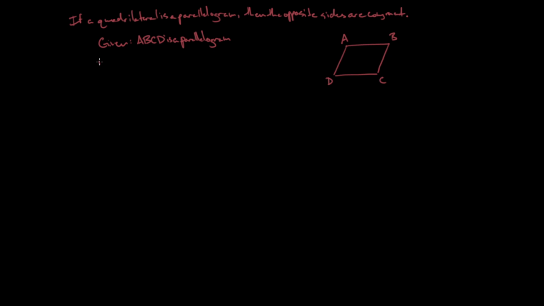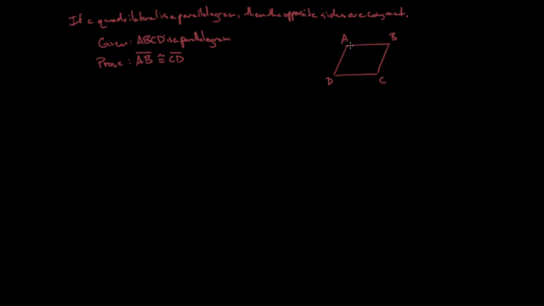And then my prove is interesting because my statement says that if a quadrilateral is a parallelogram, then the opposite sides are congruent. I'm just going to prove one of the pairs, though. I'm going to do this for all of the properties that I'm working with for parallelograms, because all of these proofs could just be repeated a second time in a different way to prove the other thing.